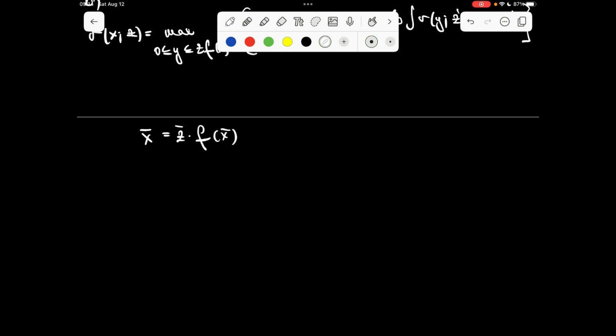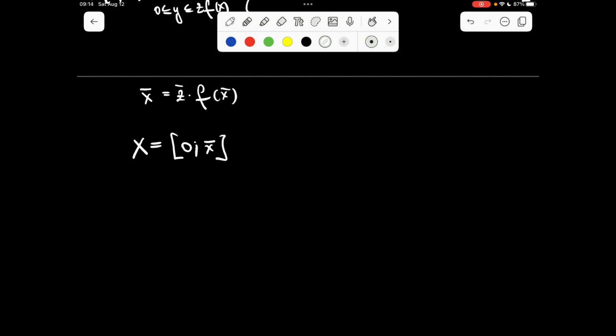So on this basis, we can find that the state space for the endogenous state variable is a closed interval. So this is the state space for the endogenous state variable.